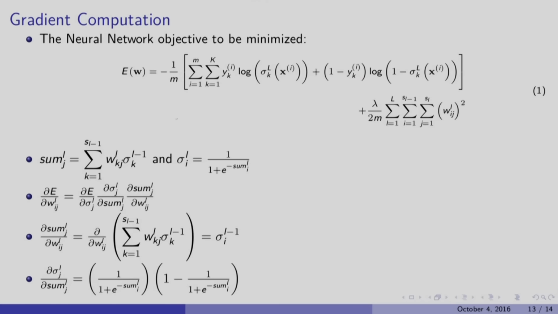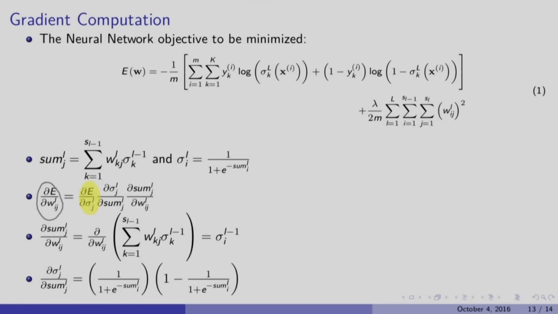So specifically, if you were interested in looking at the partial derivative of the error function with any of the Wij^l's, you will capture this in three parts. You look at the partial derivative of E with respect to sigma j^l, because Wij^l is reflected in sigma j^l.